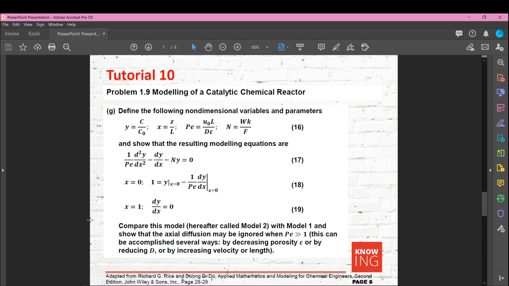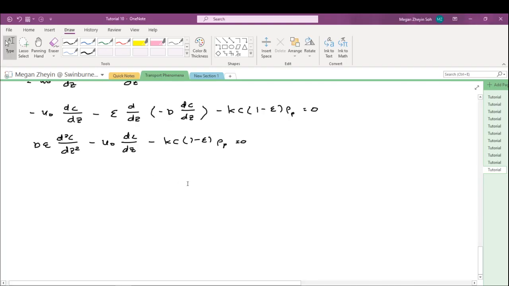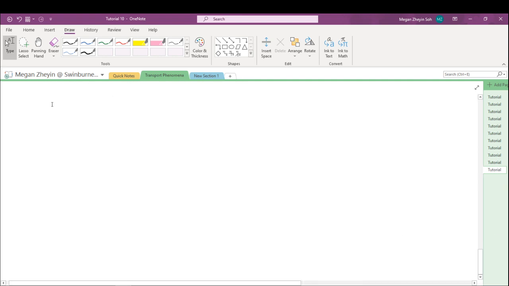So get back here. For part G, we are given that y is equal to c over c0.